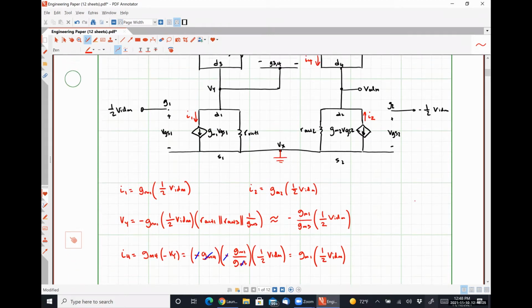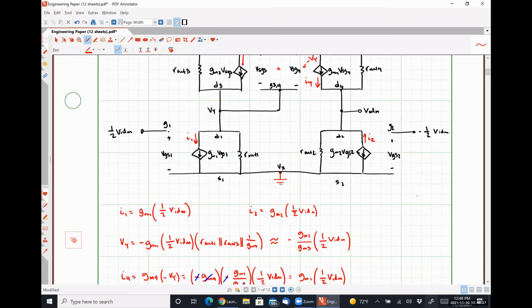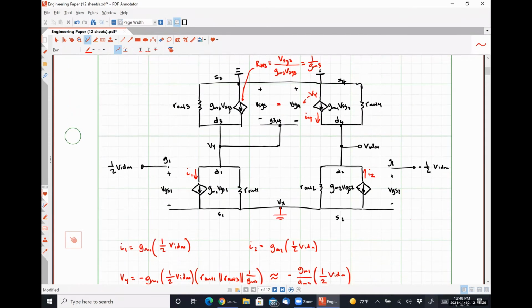So if we apply, scroll up here real quick, Kirchhoff at our output node, we can see that a current of I2 and I4 are flowing in, and a current of VODM divided by R out 4 plus a current of VODM divided by R out 2 are flowing out.